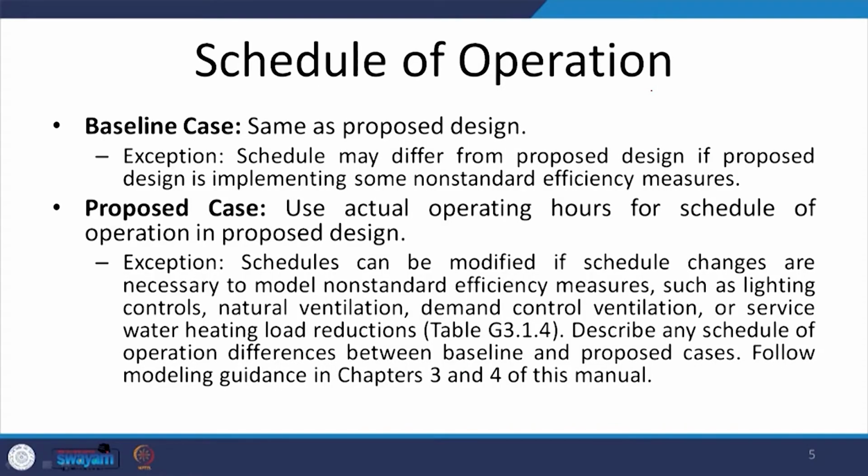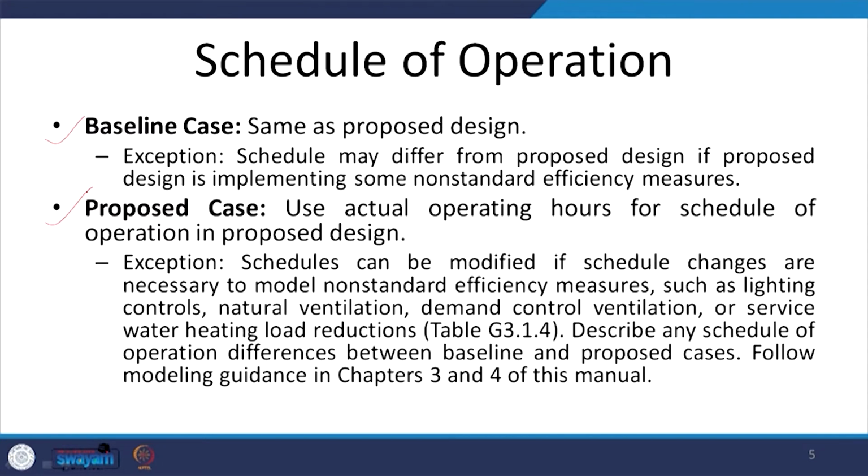First of all, let us look at the schedule of operation, and we will keep taking each parameter, each head, and discuss it for the base case and the proposed case. The base case schedule of operation is exactly the same as that of the proposed case, except where the schedule may differ in case of non-standard efficiency measures.